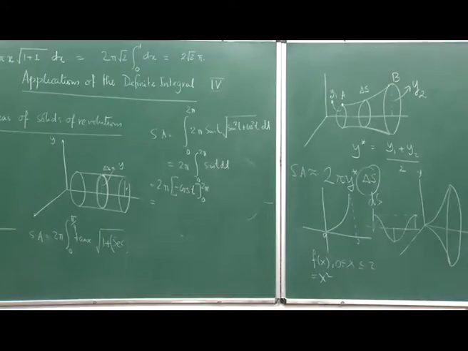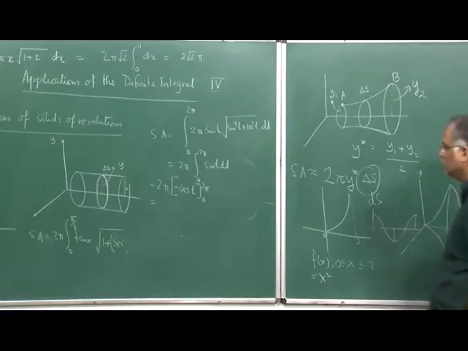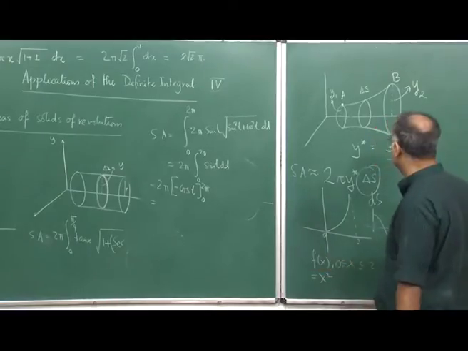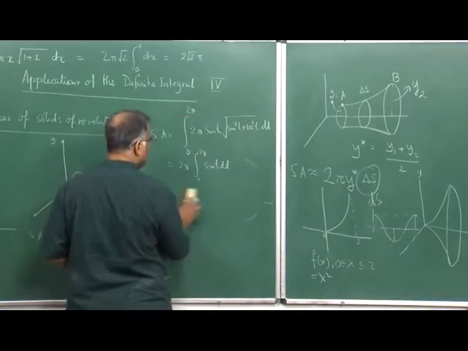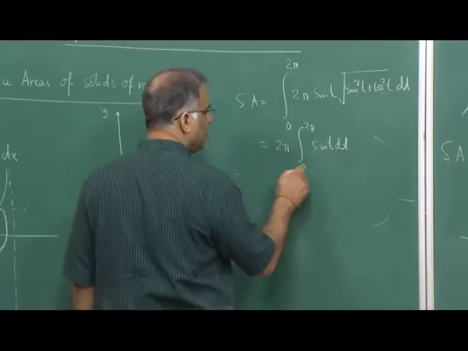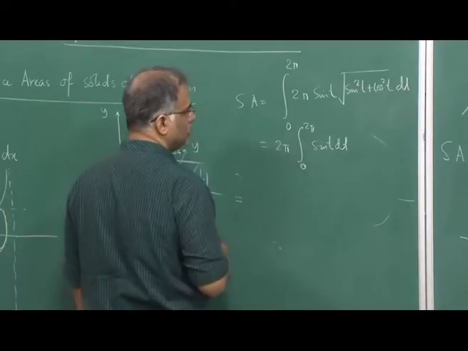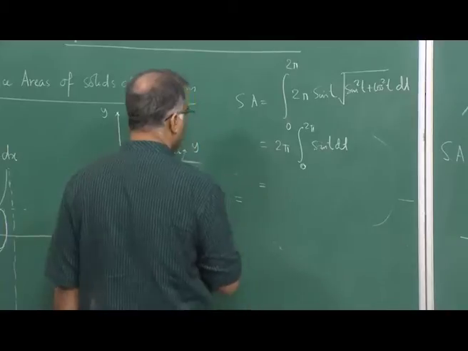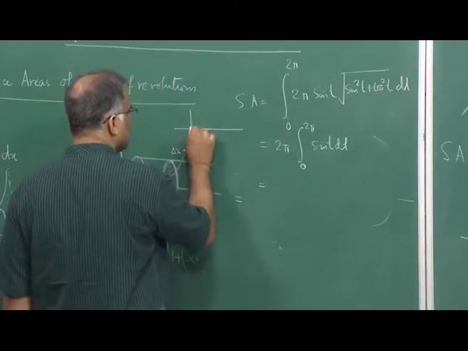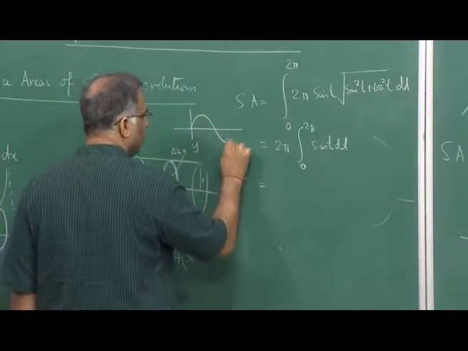But that is very strange. Then how do I get the surface area? The idea is not to look into this, because surface area has to be positive. Surface area cannot be 0, we are really finding an area. You have to observe that this curve sin x, when you are integrating from 0 to 2 pi, is like this.